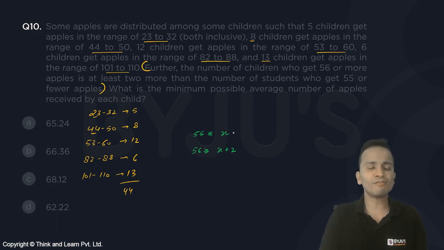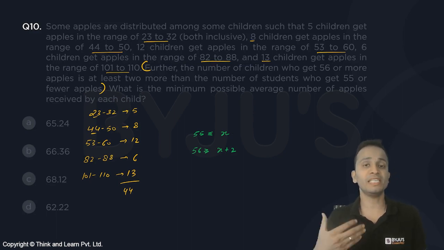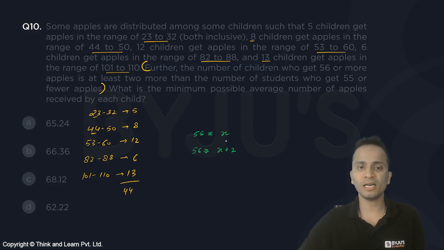Now since I have to minimize the number of apples, minimize the average, then I'll say that more number of children will be getting less number of apples, right? So what I'll do is I'll try to maximize the value of x, and I'll try to minimize the value of x plus 2.